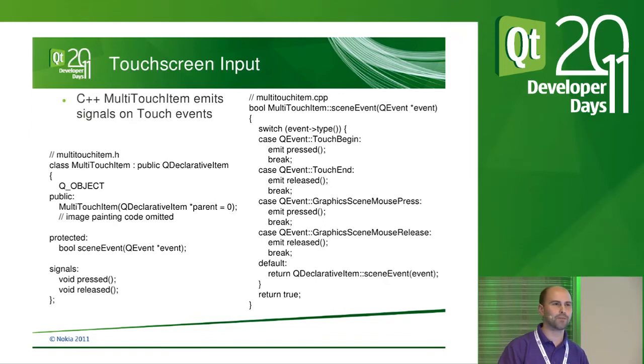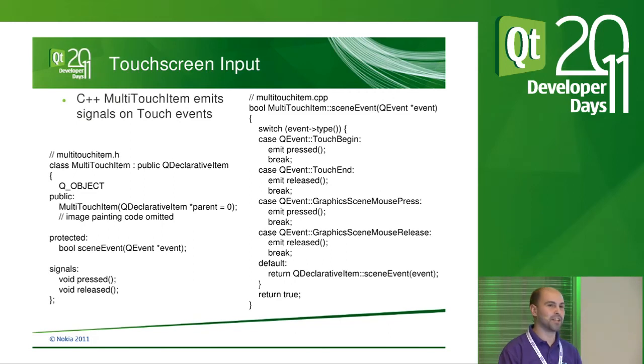Touchscreen input turned out to be a little harder than we thought it would be. If you want something that combines both multi-touch and mouse clicks, we had to make our own item. Here we made what we called a multi-touch item. It is also a QDeclarativeItem implemented in C++, and it just handles all types of events, touch events, graphics scene mouse presses, and also generic scene events.